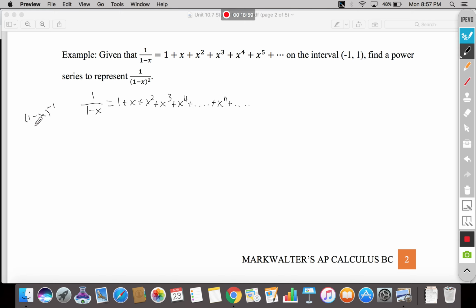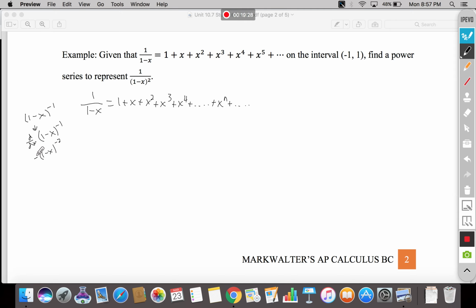If I take the derivative of 1 minus x to the negative 1, I'm going to get, if I bring down the negative sign, negative 1 minus x to the negative 2, because I subtract that power, times the derivative of the inside.